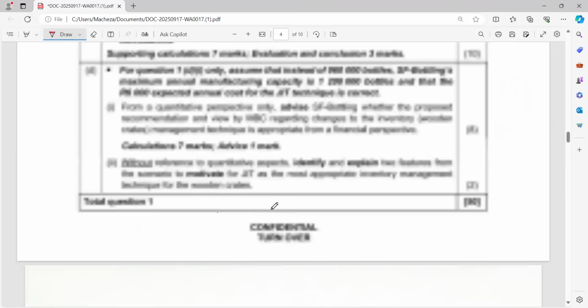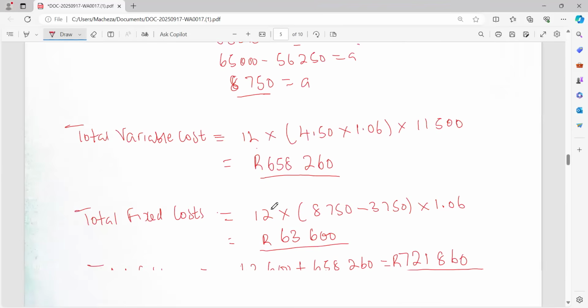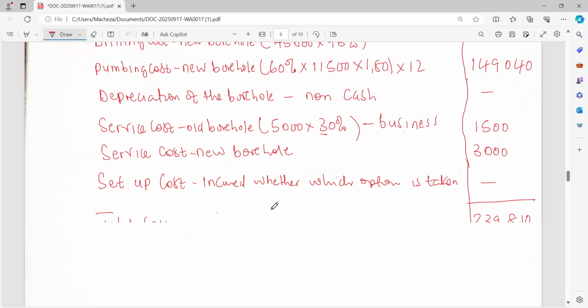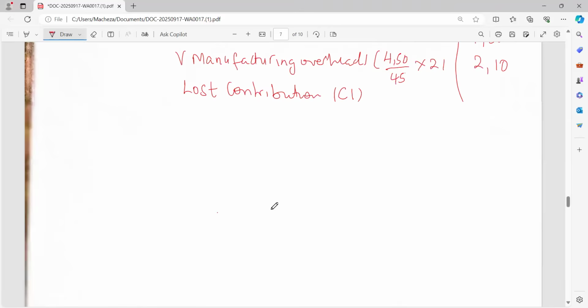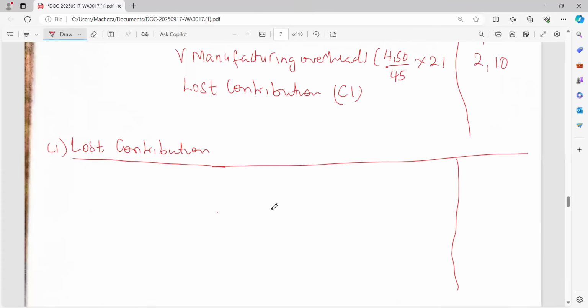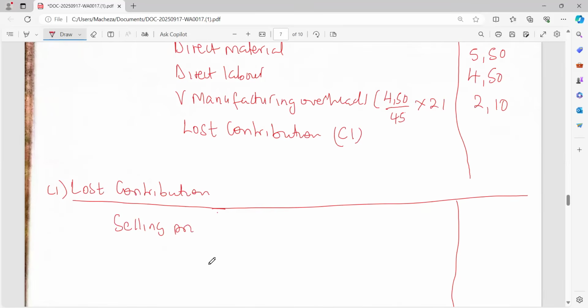So you come here and say the selling price to external customers. The selling price to external customers is going to be how much there?